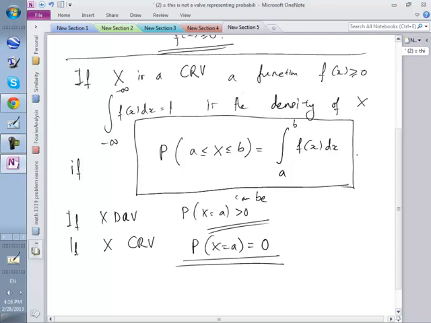I mean, how can you ever hit a temperature, let's say, with non-restricted accuracy? There's no way. The higher the accuracy you want, the bigger the uncertainty of your measurement. Therefore, the probability of observing one specific value of temperature is actually equal to 0.